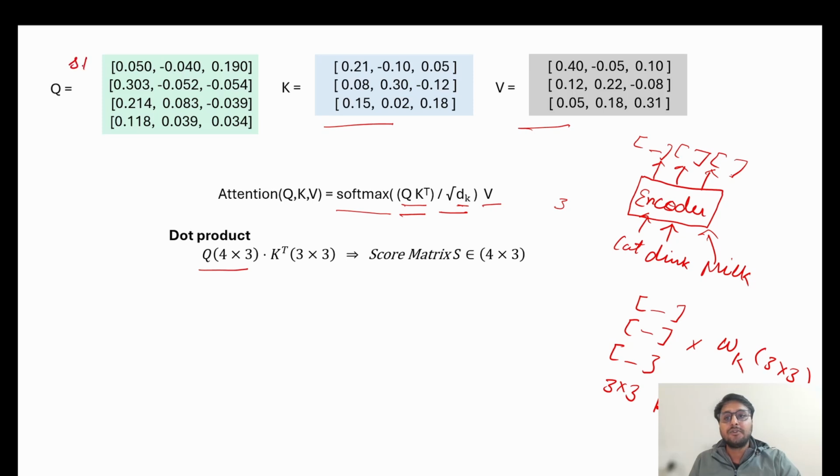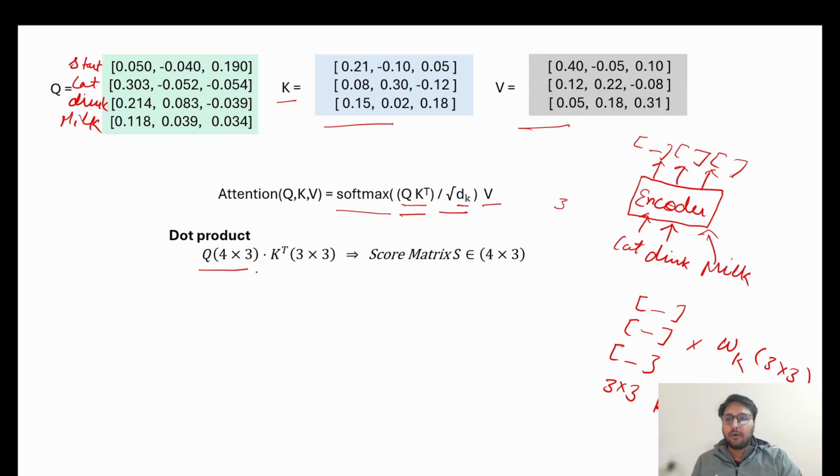The first row represents start, the second cat, the third drink, and the fourth milk. So each row represents each decoder token. Similarly, in the key each row represents each word: cat, drink, milk. Similarly for the value matrix.